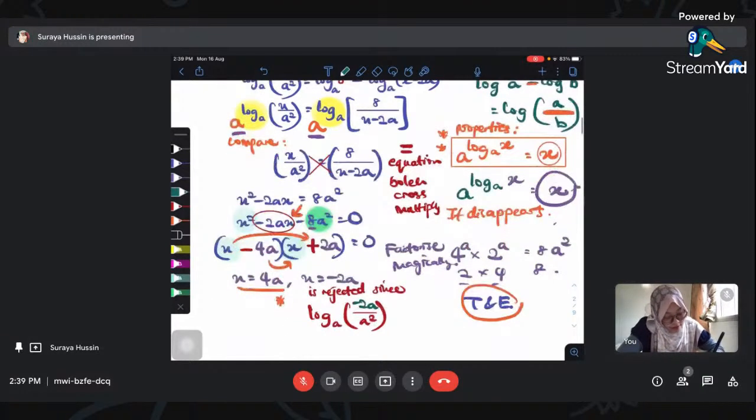When you solve this, you will get negative 2 over a. So log negative 2 over a means still a log of a negative. If it's a log of a negative, you know directly that it is undefined. When it is undefined it means it is rejected. Therefore, your answer is only x is equal to 4a.